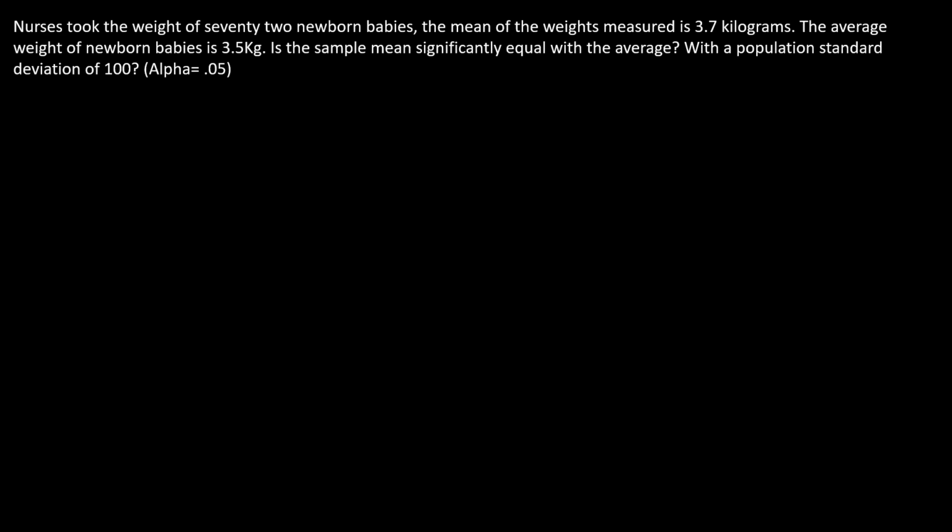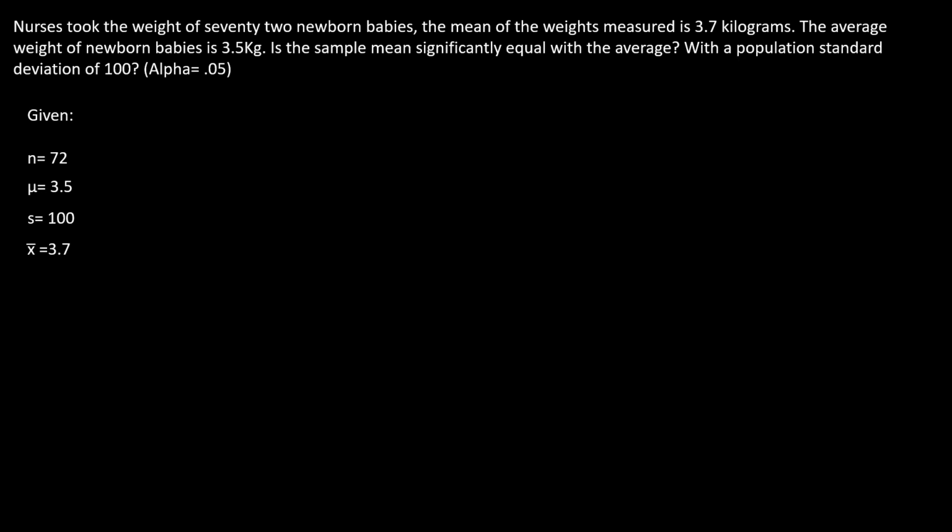For a third one-sample t-test problem, the nurses took the weight of 72 newborn babies. The mean of the weights measured is 3.7 kilograms. The average weight of the newborn babies is 3.5 kilograms. Since the sample mean is significantly equal to the average, the population standard deviation is 100, and the level of significance is 0.05.